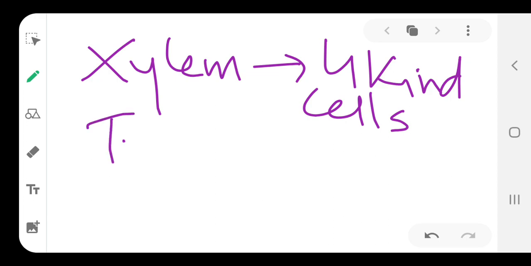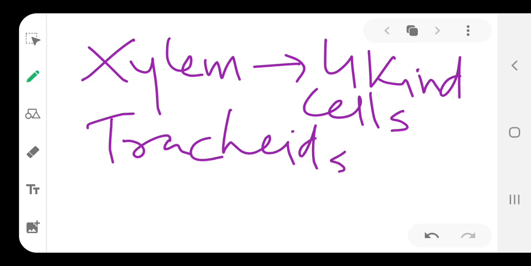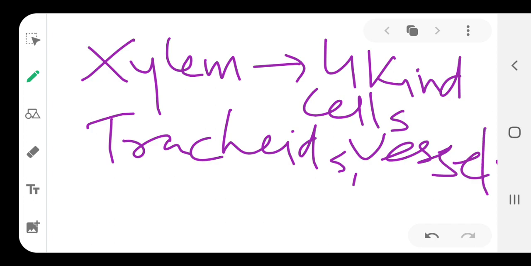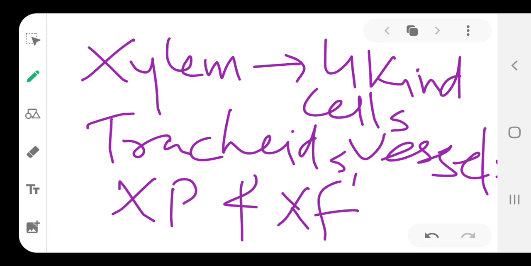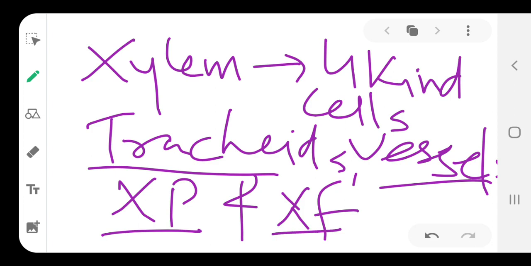First is tracheids, then vessels, then xylem parenchyma and xylem fibers.